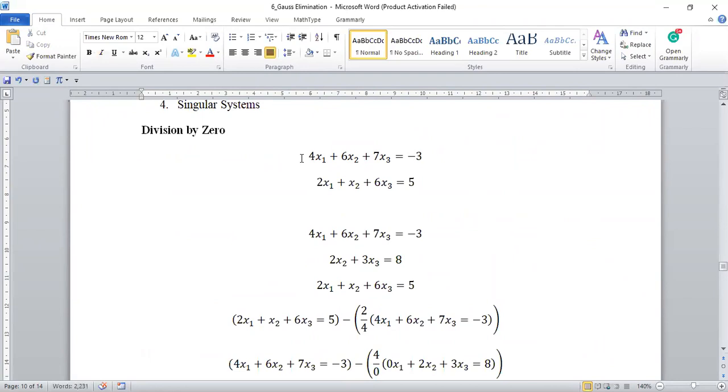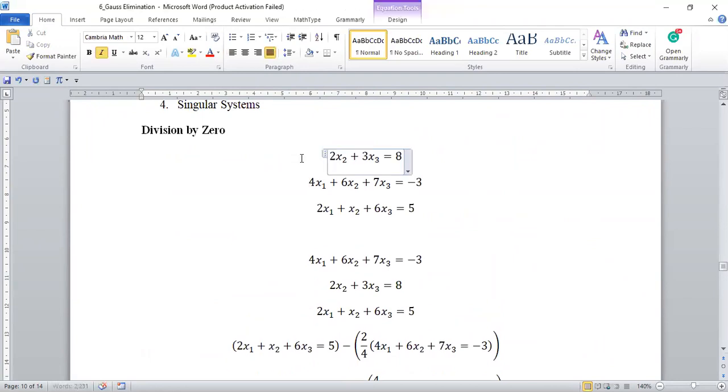The situation I pointed out with this set of equations is that for this equation here, x1 is 0. So there's a problem here.